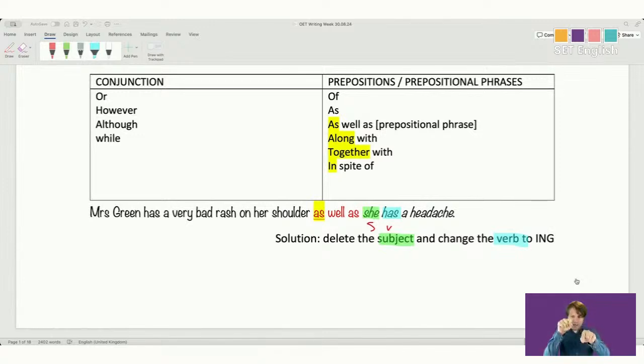I want you to type in the chat now, guys. Tell me what the sentence should be.